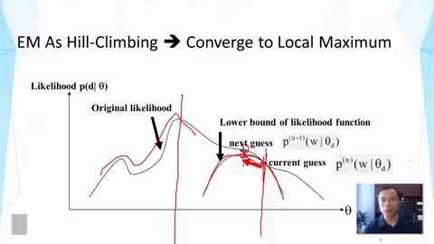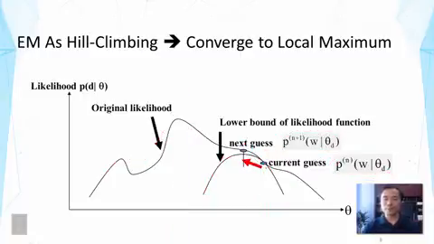So we definitely improve this original likelihood function, which is above this lower bound. So in our example, the current guess is the parameter value given by the current generation. And then the next guess is the re-estimated parameter values. From this illustration, you can see the next guess is always better than the current guess, unless it has reached the maximum where it would be stuck there. So the two would be equal.